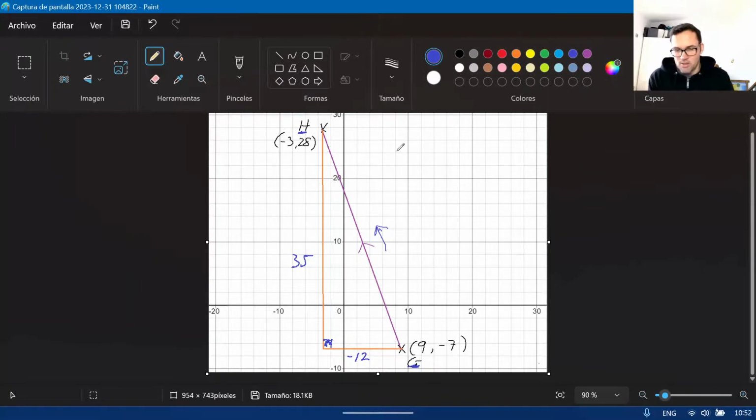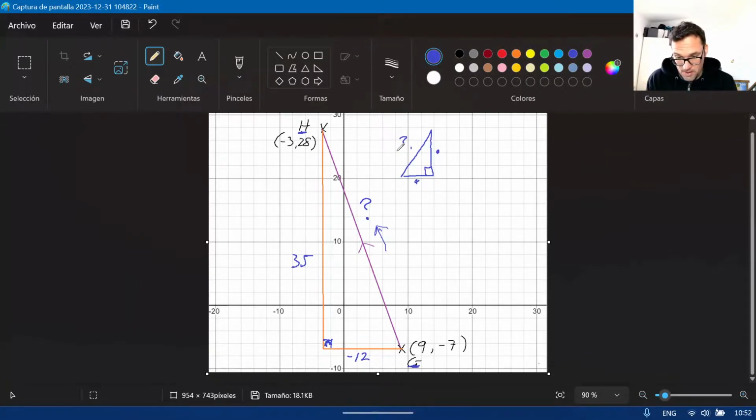Okay, and the magnitude means simply how long is this purple line, which is the vector GH. That's what they're asking. And you can see it leans beautifully towards what we call Pythagoras when we're working with right angled triangles. And we got two sides and we want to know the last one. Okay.